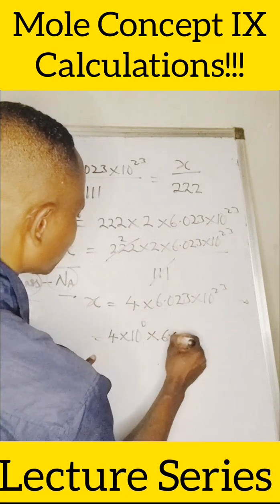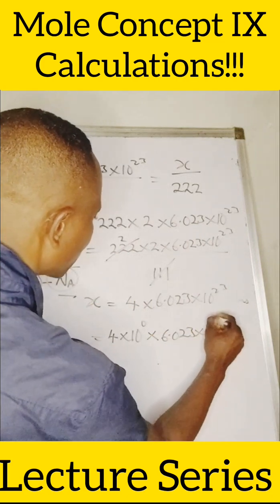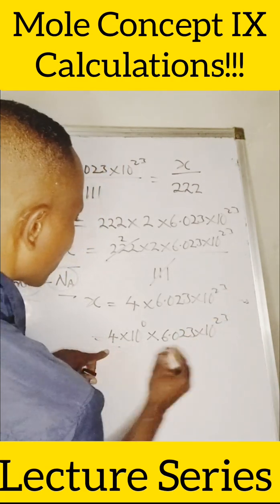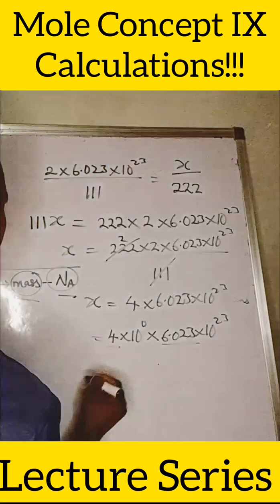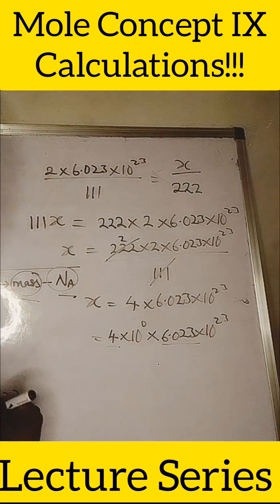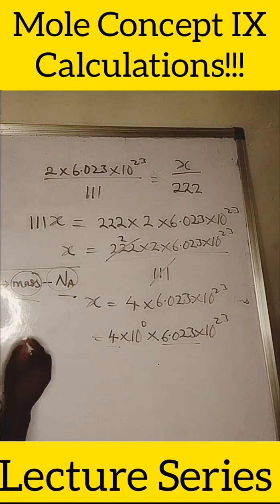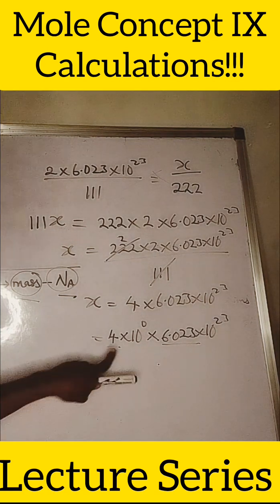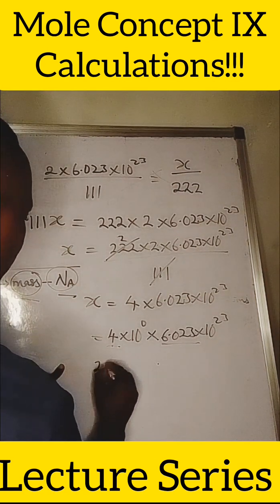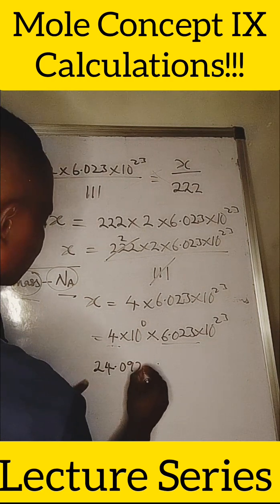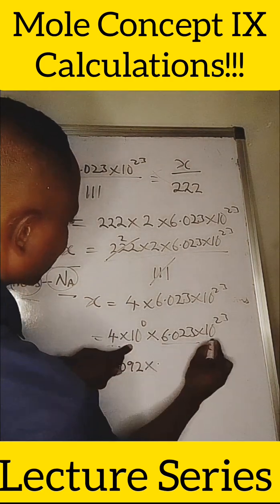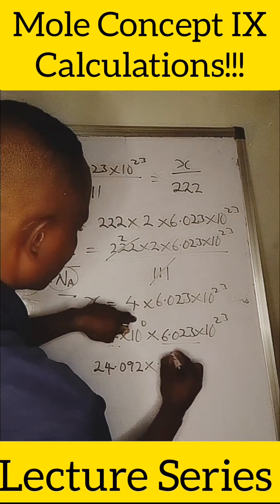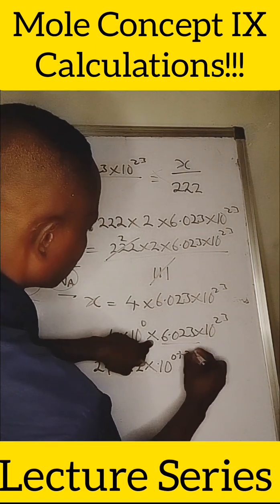Times 6.023 times 10 raised to the power 23. So we have 4 and 6.023. When you multiply 2 of them, what will you get? 6.023 times 4 will give you 24.092 times 10 to the power 0, this times becomes plus 23.